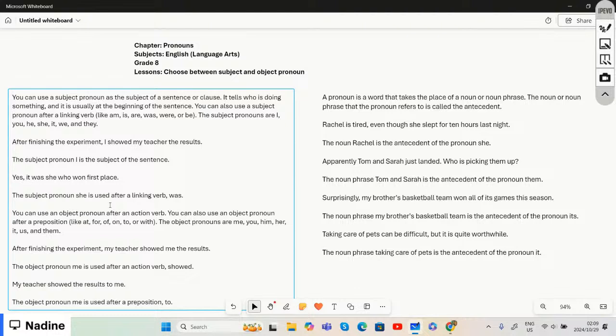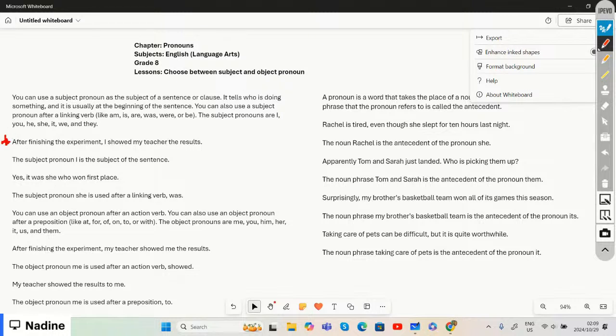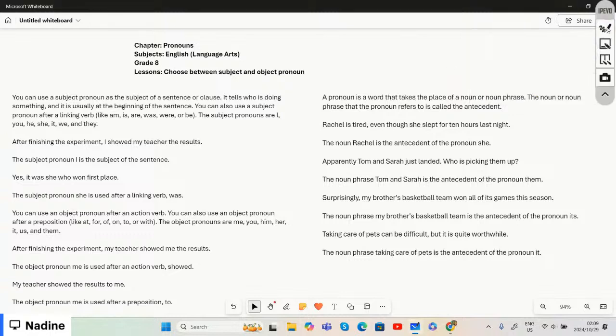All right. So when it also comes to our subject pronoun, if we look at an example of how to use a subject pronoun within a sentence, it says, after finishing the experiment, I showed my teacher the results.